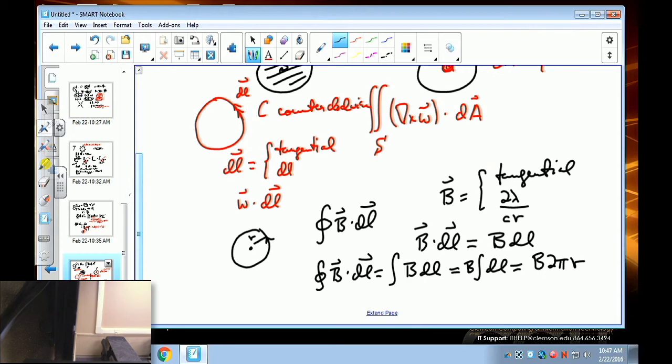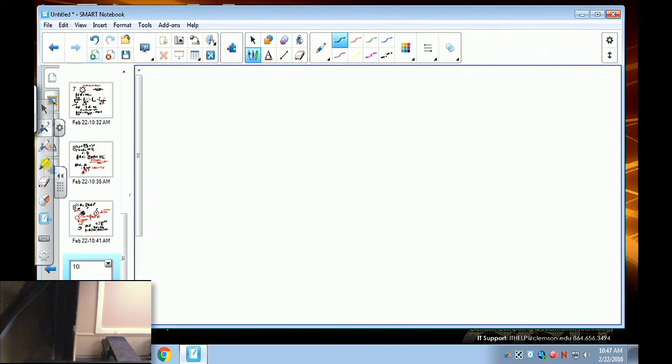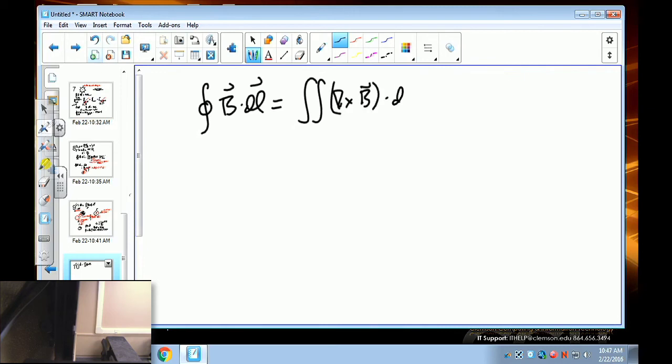Okay, so now the circulation of B dot dl, in this case, is going to be equal to the integral of the curl of B dot dA. And so this is a circle that's straddling the wire, and so this is a disk, and the wire penetrates that disk right at the center of the disk.